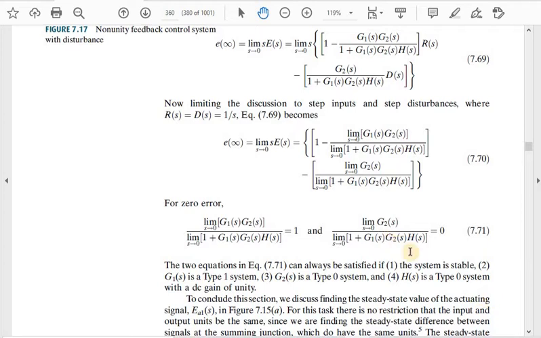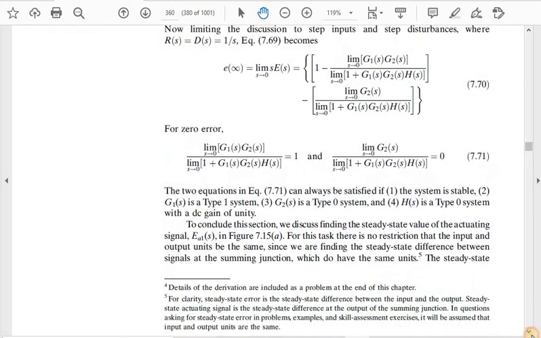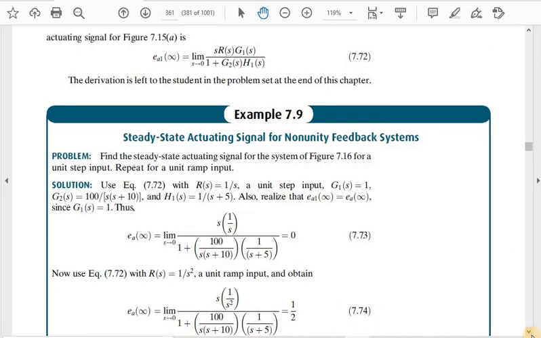So the main idea is that if you have a type 1 system, you can have a zero error. Now just to generalize that, what we did here is that we can convert our non-unity feedback into a unity feedback, and then we can easily solve the problem.